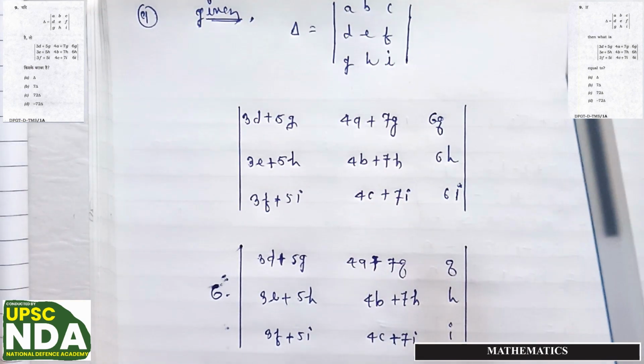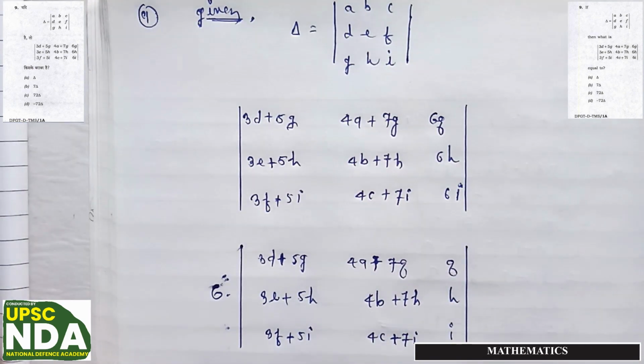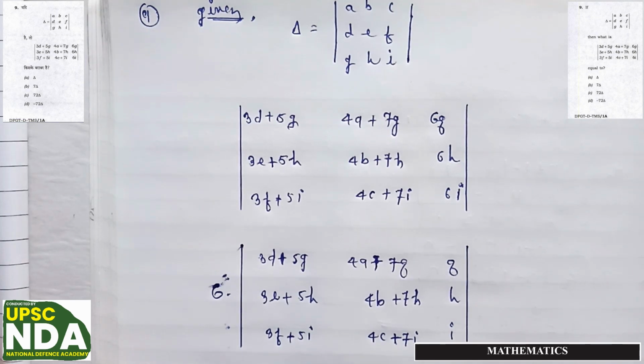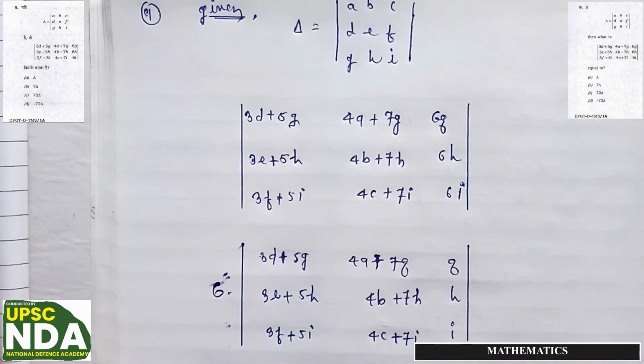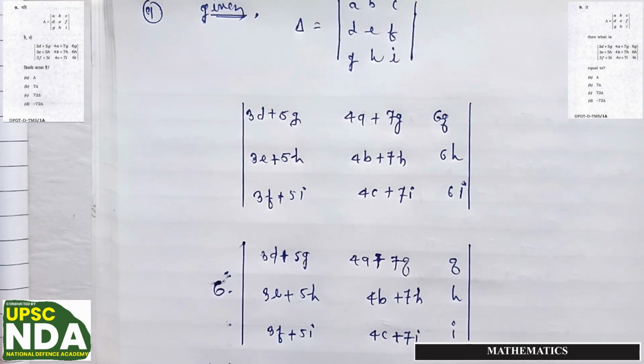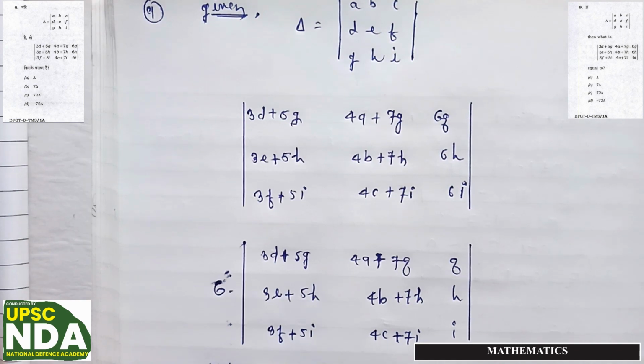For finding such values we should always prefer either row transformation or column transformation, because we cannot take all these operations together. We have to go with either only row transformation or only column transformation, and try to reduce our rows and columns to the simplest form, where we can easily find the value of our determinant.